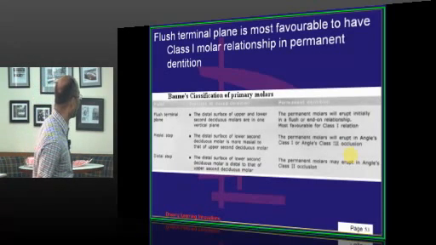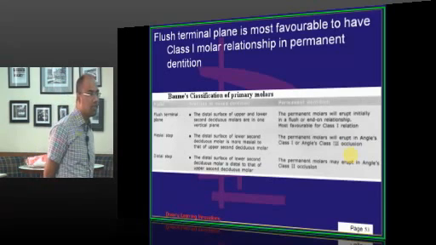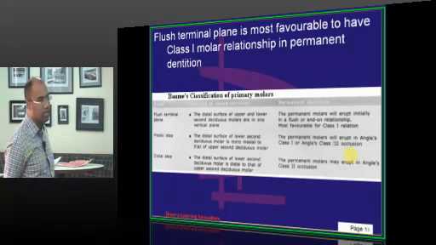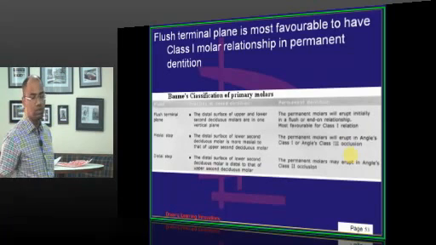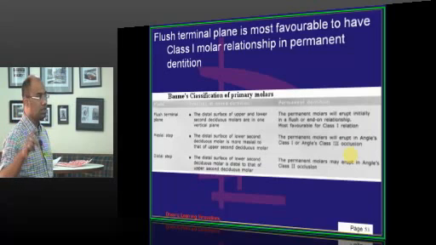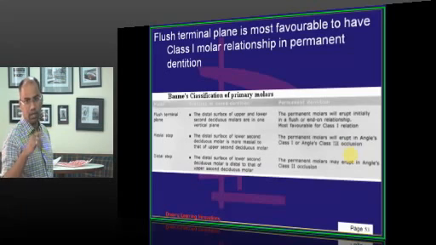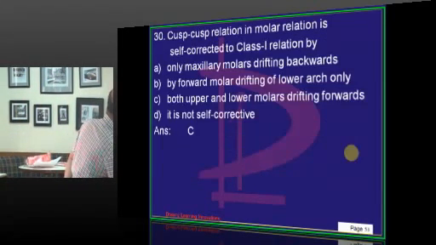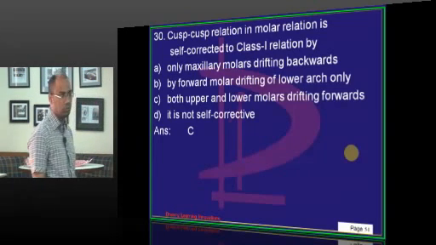If you see a mesial step, you see either a class 1 or a class 3. If you see a distal step, it will be a class 2. So disto-occlusion, distal step, class 2. Mesio-occlusion, prenormal occlusion, mesial step, class 3. Post-normal occlusion, distal step and disto-occlusion, class 2.